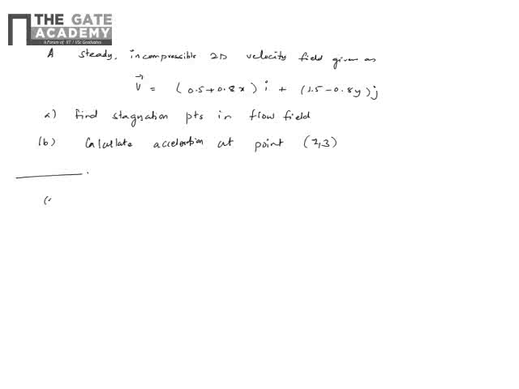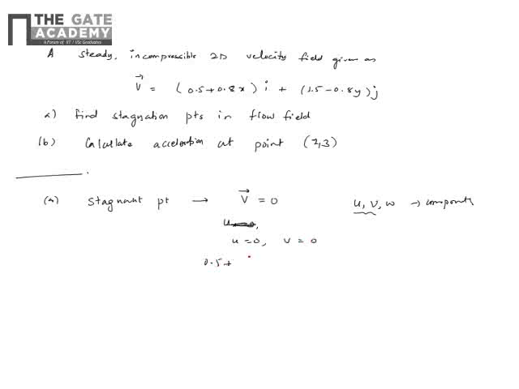Now, stagnation points. You call something a stagnation point when the velocity is 0, I mean all the components are 0. If I assume u, v, w are the components, now it is a 2D field, so you will have only u and v. So when I say the velocity vector is 0, it means u is 0 and v is 0.